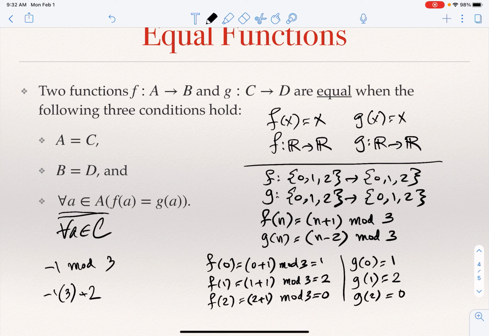So if you look at these two functions here, f of 0 equals g of 0, f of 1 equals g of 1, f of 2 equals g of 2, they both have the same domain, they both have the same codomain, therefore f equals g in this case. Okay, so this is an example of two functions that are equal, but not trivially equal, in the sense that they are not exactly the same function when we write them.